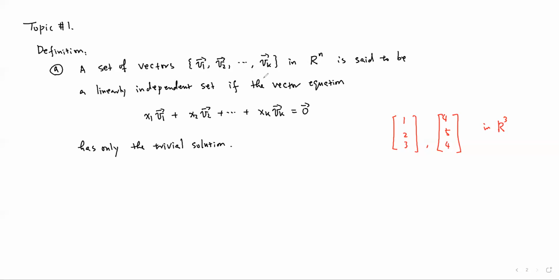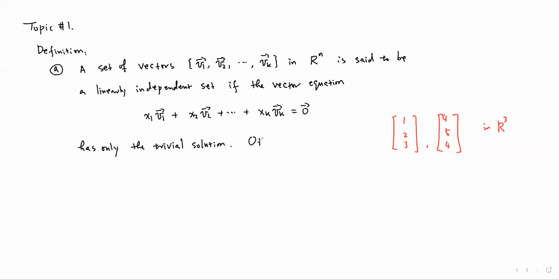So when you want to answer whether or not a given set is linearly independent, go to the definition and solve this equation to see whether or not it has a non-zero solution. If there is no non-zero solution, then the set is an independent set. The definition is here.